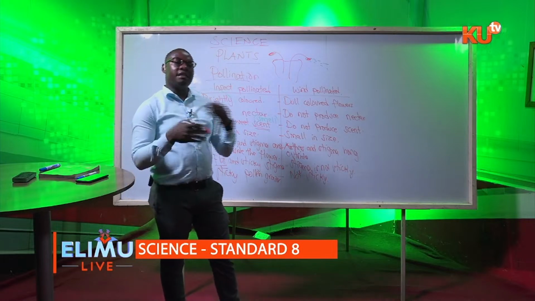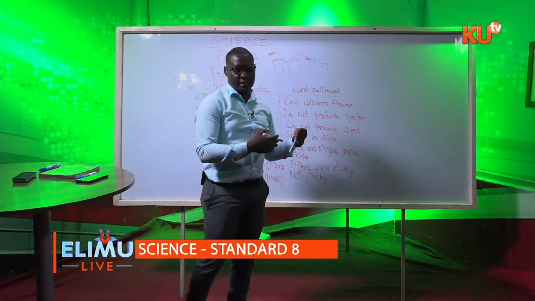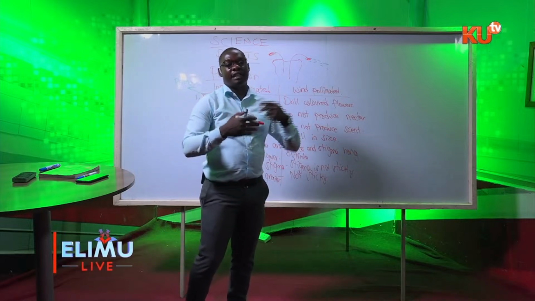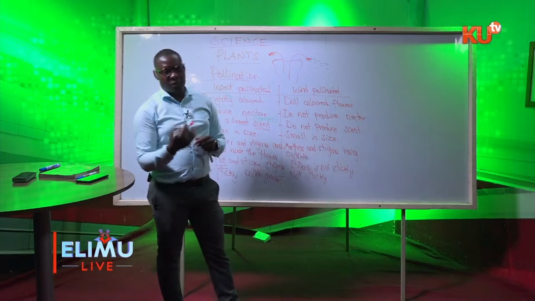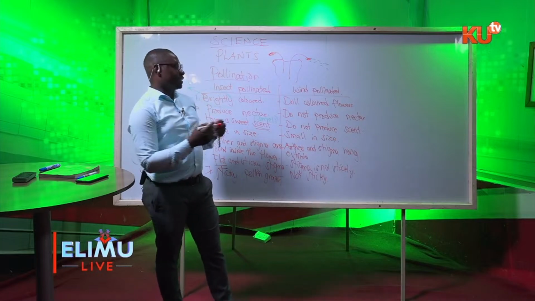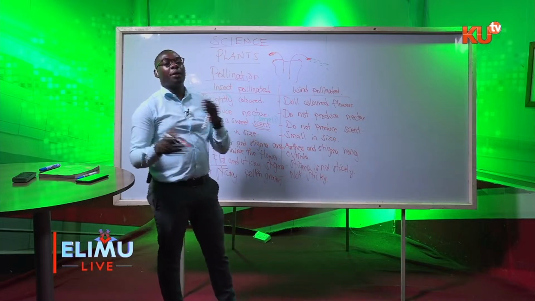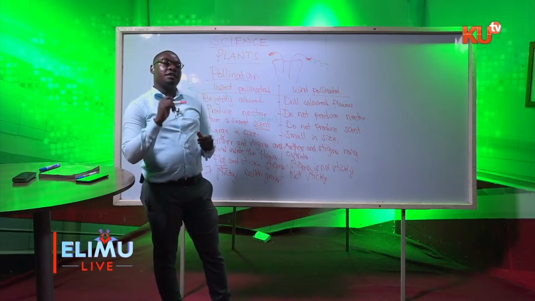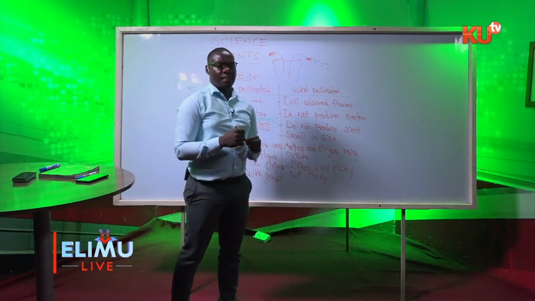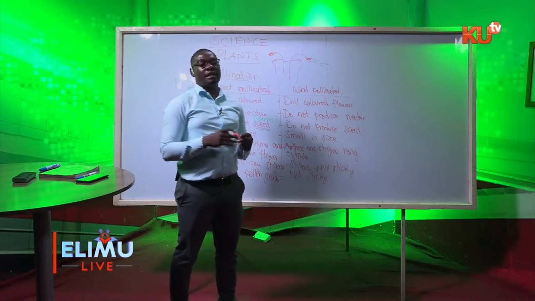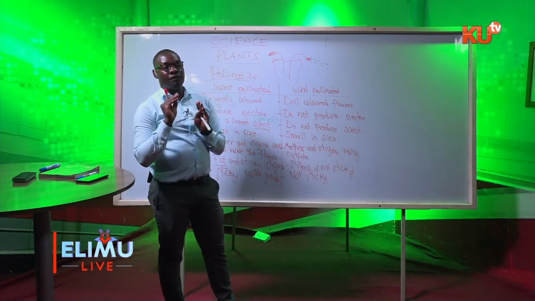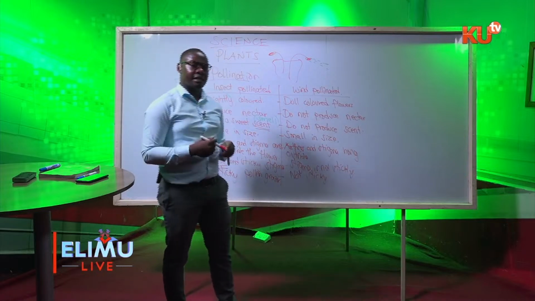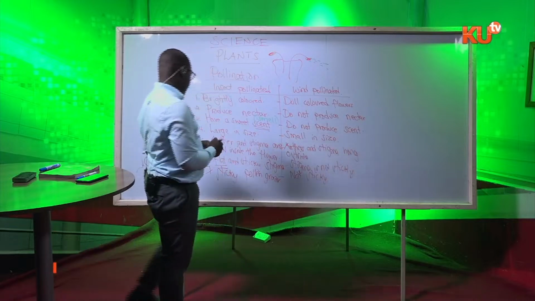Remember, the insect does not know that it is pollinating the flower. It's looking for the nectar. In the process, the anthers, which produce the pollen grains, are very sticky and the pollen will stick to the body of the insect.